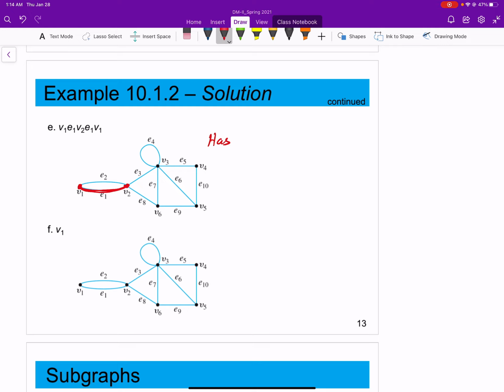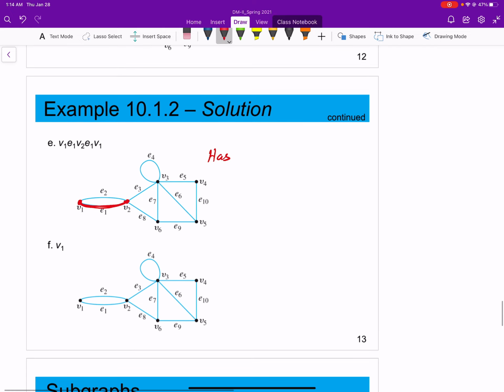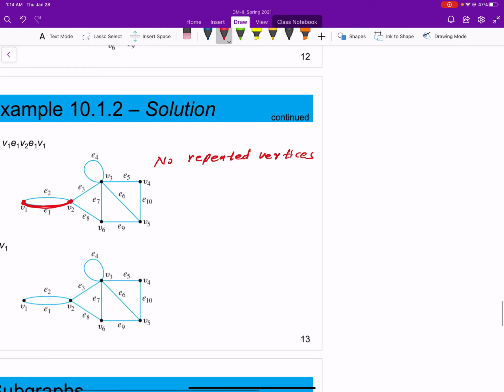It has, actually it doesn't have repeated vertices except the start and the end. Has no repeated vertices. All right, has no repeated vertices. Inside brackets I have to put that except the start and the end.